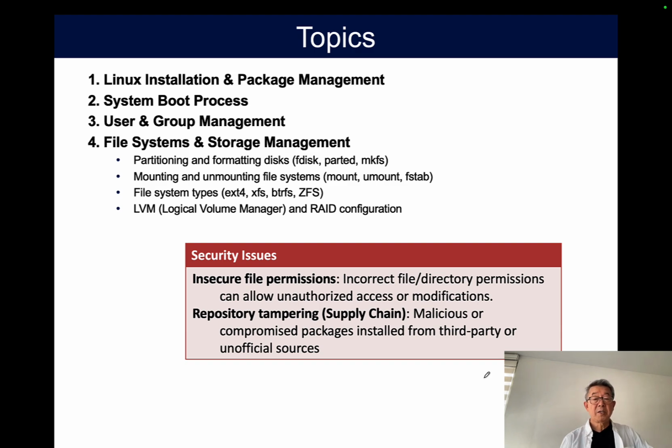So we can partition and format disks, and mount and unmount file systems. For example, your operating system is installed on an SD card, and a Raspberry Pi has an SD card slot, so you can put your SD card into that slot.